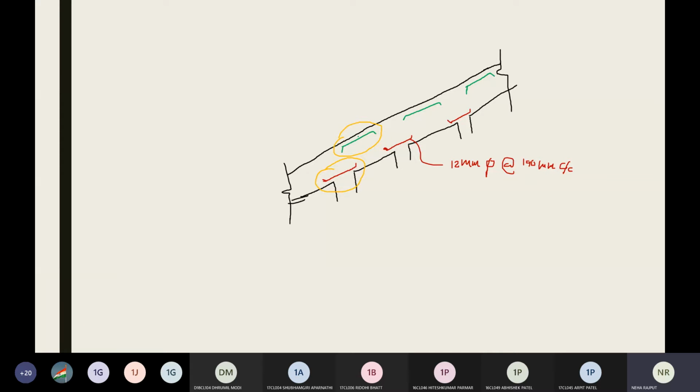So here again these are your 12 mm diameter at 300 mm center to center. Now this is actually your minimum reinforcement that you need to provide, right? So in this region above this tension reinforcement, मतलब यहाँ पे ये है आपका टेंशन का सपोर्ट का reinforcement, उसके ऊपर आपको एटलीस्ट मिनिमम तो प्रोवाइड करना ही है.